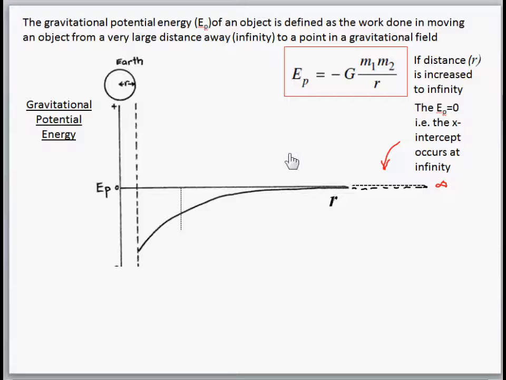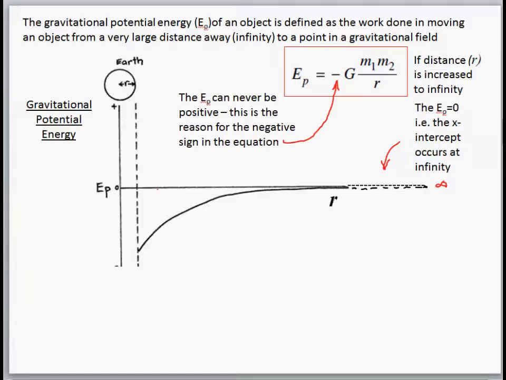So we never get any gravitational potential energy in this region of the graph. It's always below it. It's always trying to get to 0, but never ever gets there. So that's a bit of an explanation of the negative sign there, that we can never get across to that. As I said before, the work done is a negative work, which has something to do with that negative sign as well.